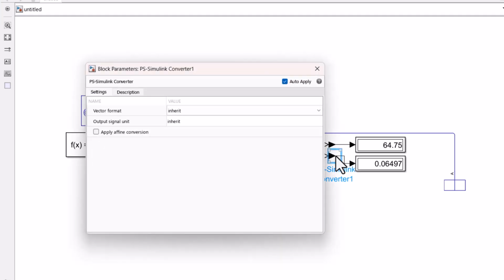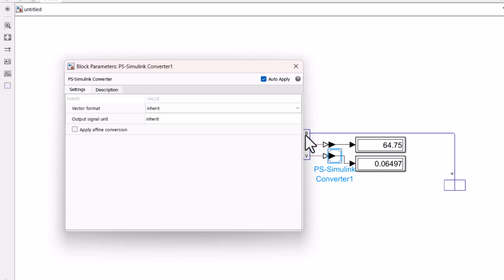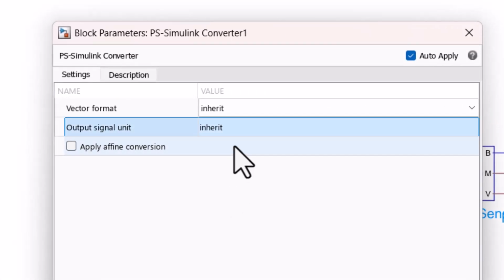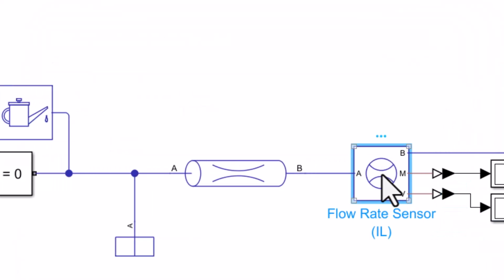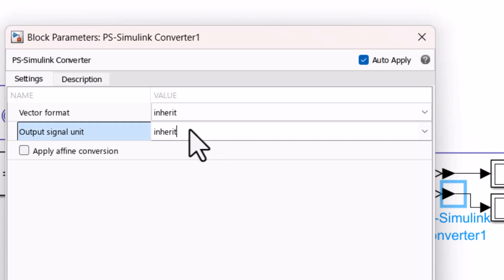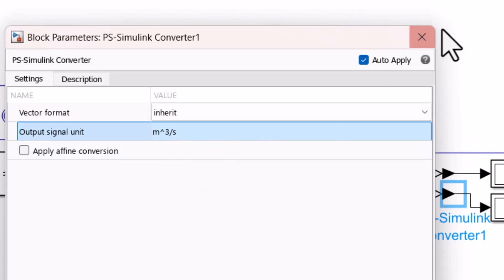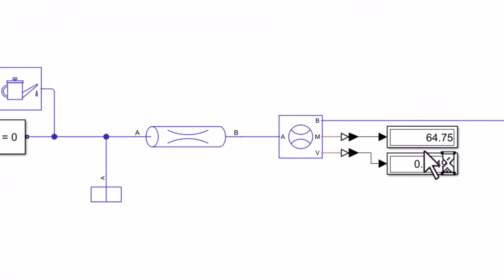I should double click on the PS Simulink converter, and you can see that the output signal unit is inherited. It means that this converter is not going to change the units, and the units are set by this flow rate sensor. The flow rate sensor sends a signal in cubic meters per second, and the result is basically in cubic meters per second. For example, I type cubic meters per second, and if I run the model, the result is not going to change.